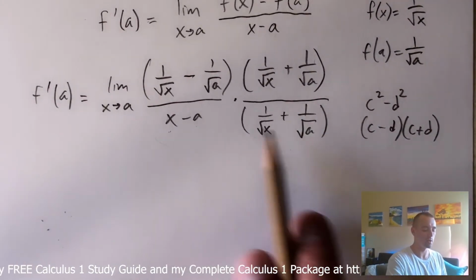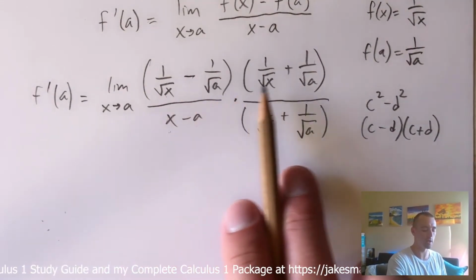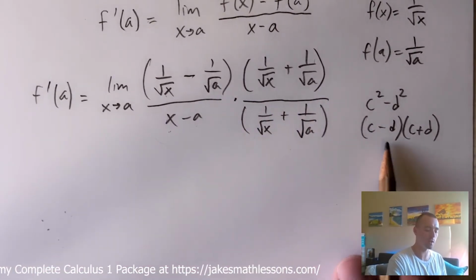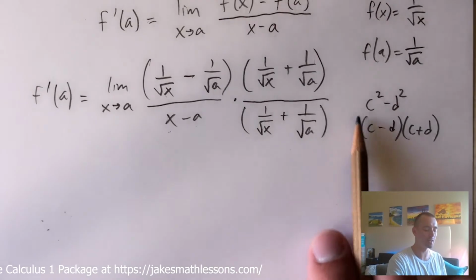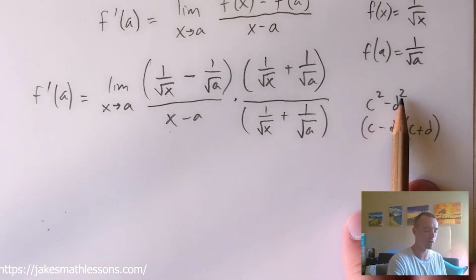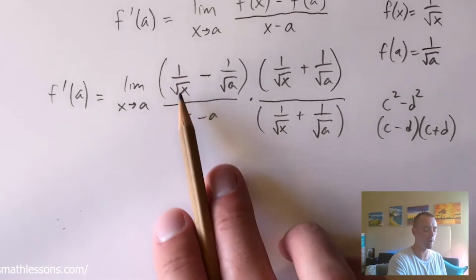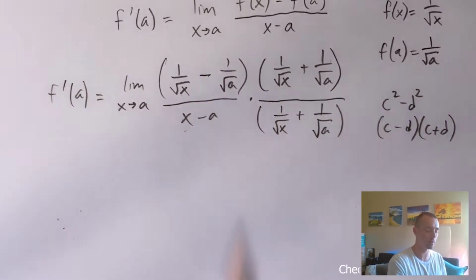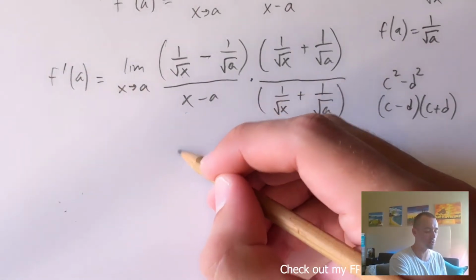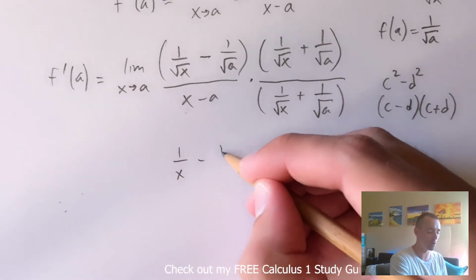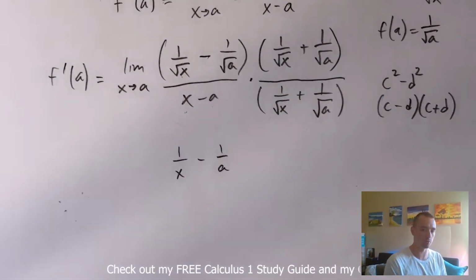We have something minus something times that first thing plus that second thing, just like this. So we can go in the reverse order and write that instead as our first thing squared minus our second thing squared. So we can write it as 1 over root x squared minus 1 over root a squared. Well, all that does is it creates 1 over x instead of 1 over root x, and 1 over a instead of 1 over root a.